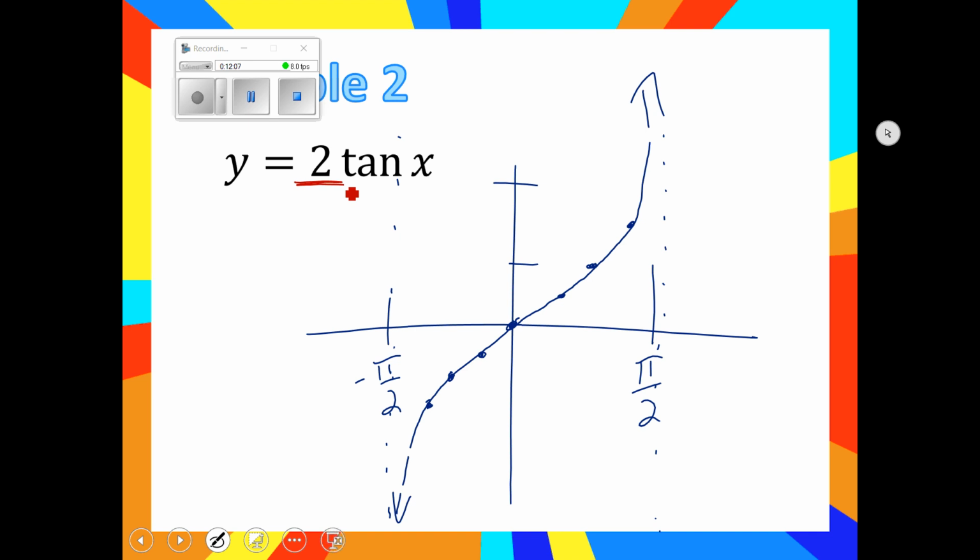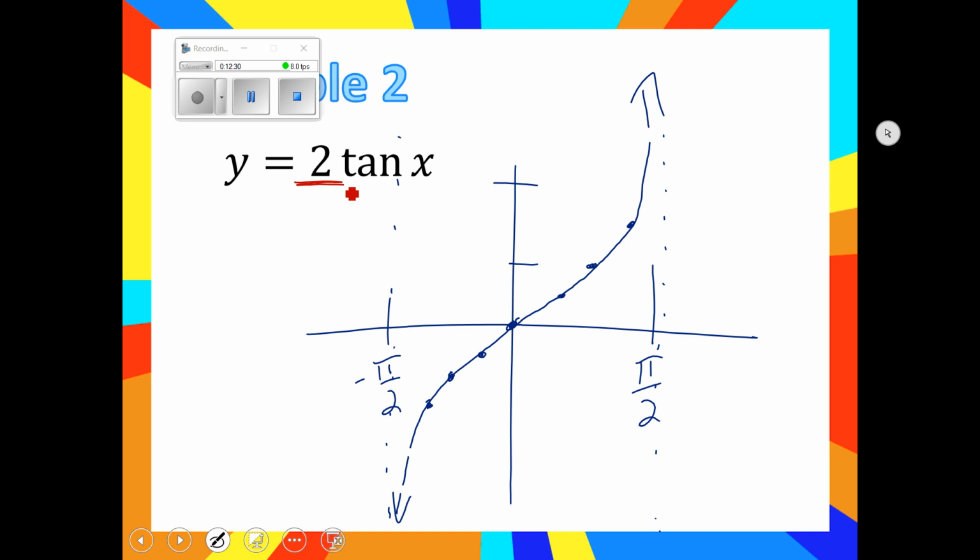If I want to times something by 2, we know when you add or subtract, it shifts it up or down. If I stick something in the parentheses, x minus this or x plus this, it's going to shift it to the right or to the left.